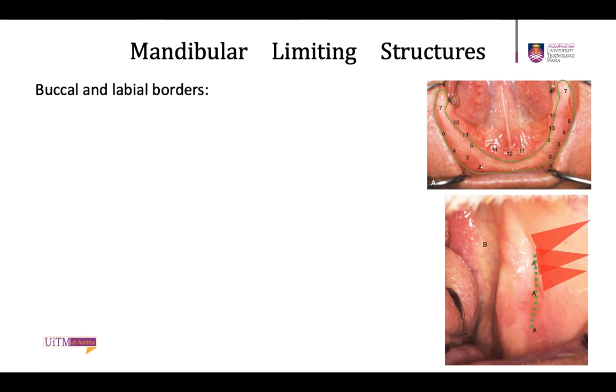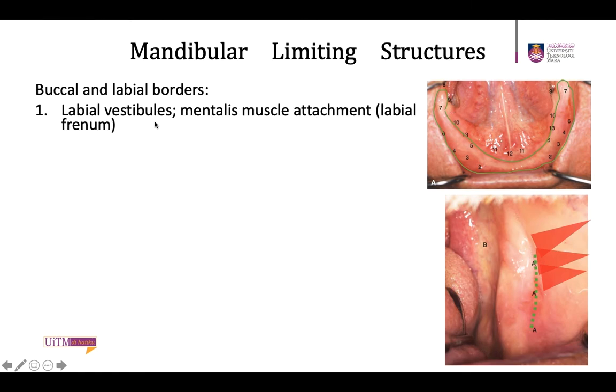So the limiting structures for the mandible, which you should remember, for the buccal and the labial borders. First, of course, you have the labial vestibule. The labial vestibule is where you get your mentalis muscle attachment.